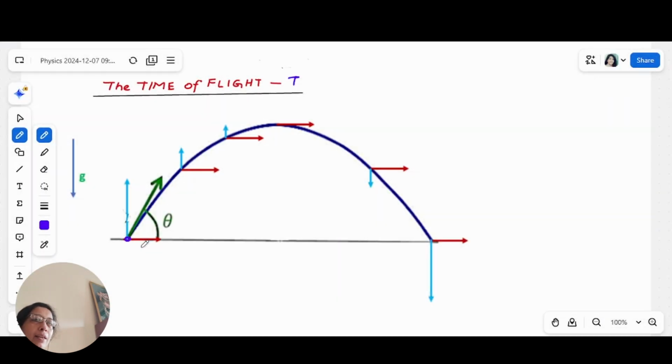Now let's calculate the time for which the particle stays in air, that is the time of flight. Here's the logic.